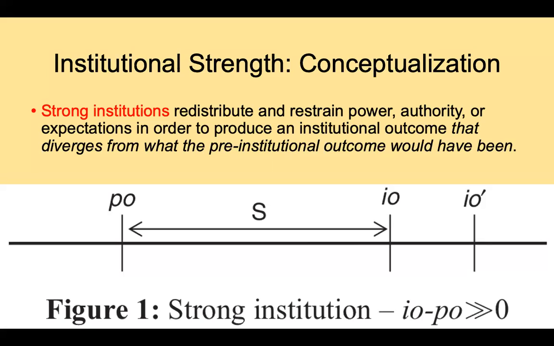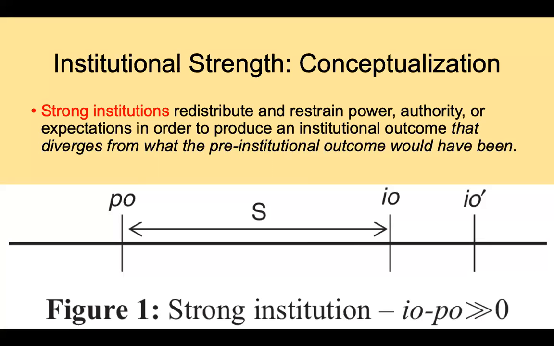And what we can say is that those rules of the game that are strong are rules that redistribute and restrain power, authority, or expectations in order to produce an institutional outcome that diverges from what the pre-institutional outcome would have been.